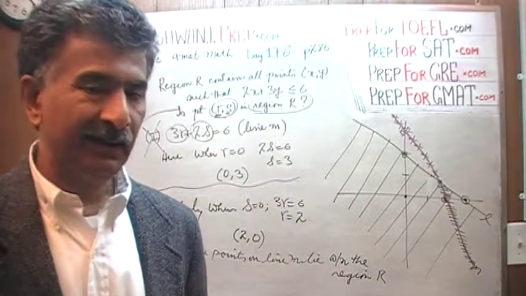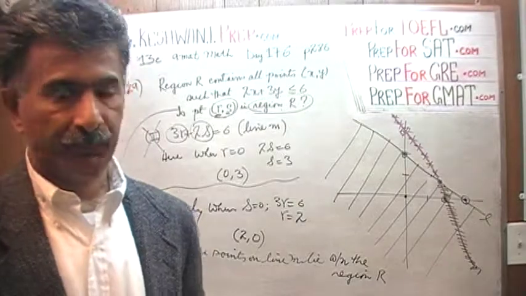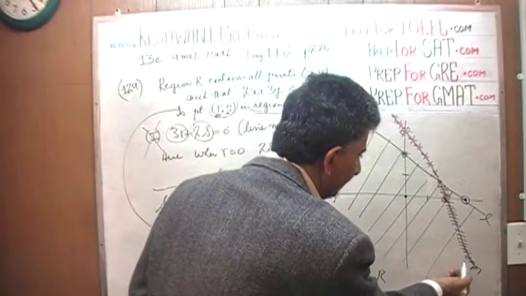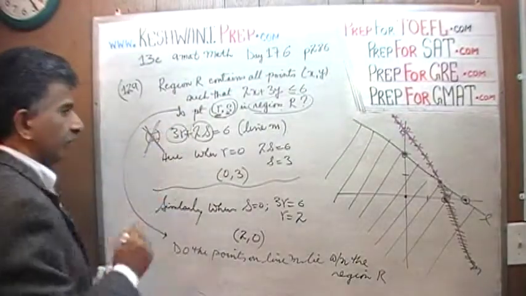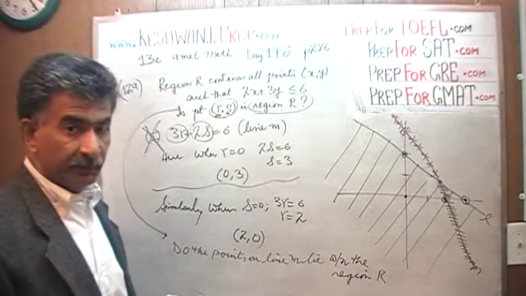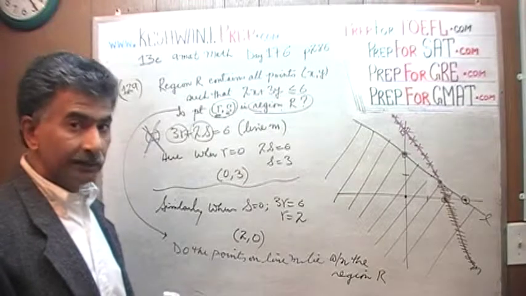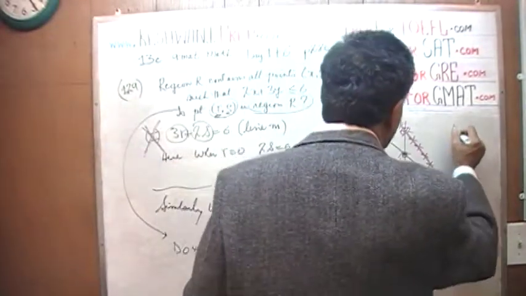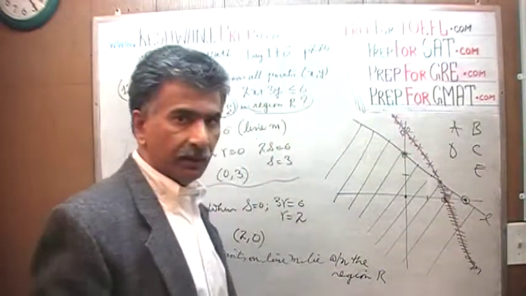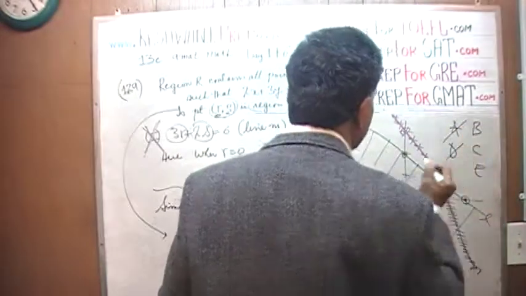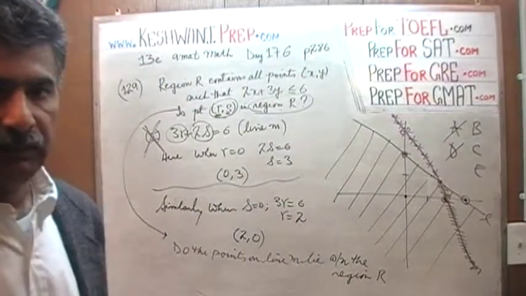We cannot say a definite yes or a no. Sometimes these points lie within the region on line M, and sometimes they don't. The first statement is not sufficient. Because the first statement by itself turned out to be not sufficient, now we know that the answer, whatever it is, cannot be A or D. It would have to be either B, C, or E.